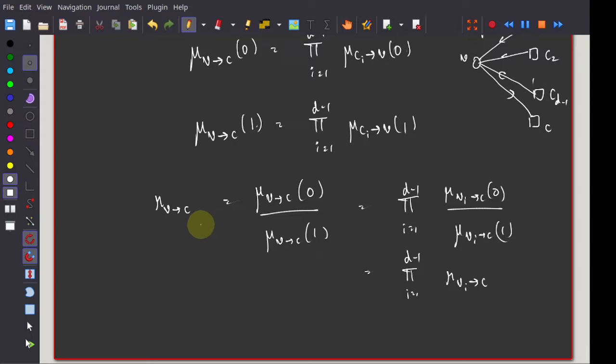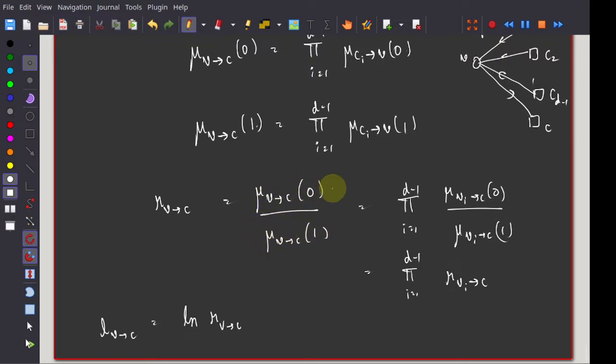I'll do another reparameterization, called l v to c, as log to base e of r v to c. So it's going to be log of mu v to c of 0 divided by mu v to c of 1.